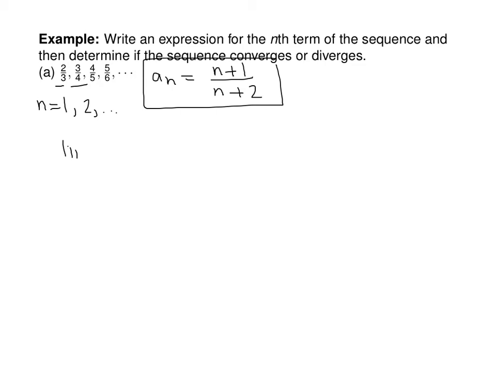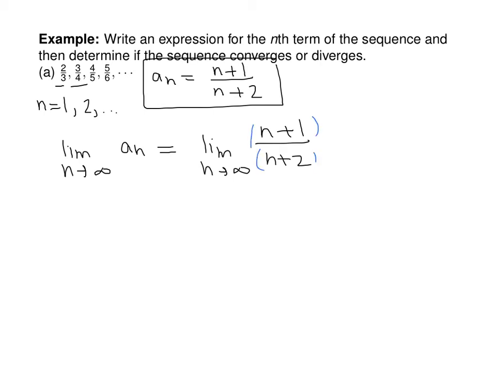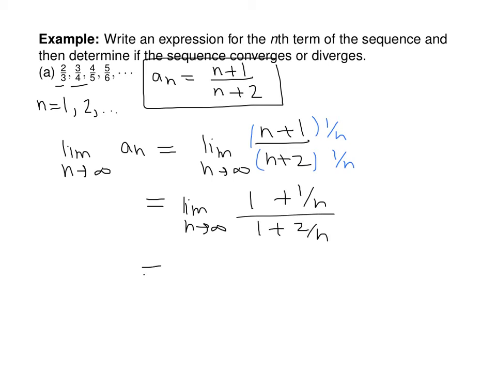Now the limit as n goes to infinity of a sub n will equal the limit as n goes to infinity of n plus 1 over n plus 2. You can multiply the numerator and denominator by 1 over n. This gives us the limit as n goes to infinity of 1 plus 1 over n over 1 plus 2 over n, which is 1.